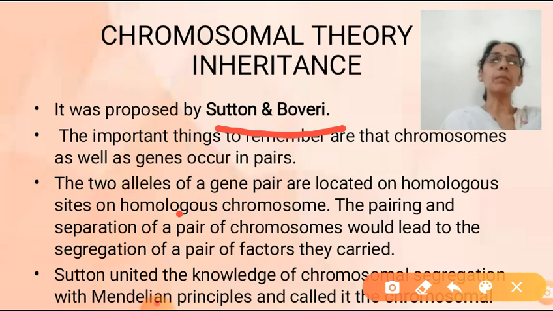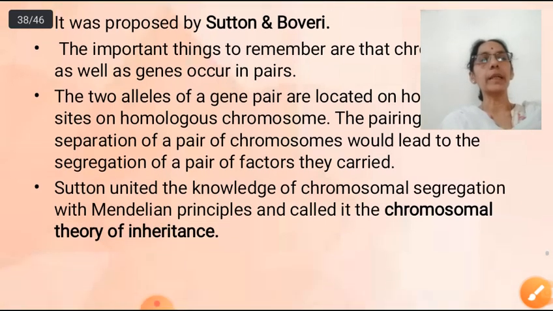The allele pairs are located at the homologous site of the homologous chromosomes. During cell division, separation of chromosomes leads to the segregation of the allele pairs. This is what is called the chromosomal theory of inheritance. It was proposed by Sutton and Boveri.